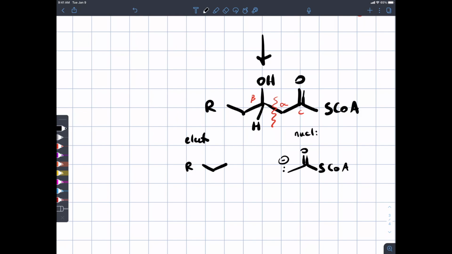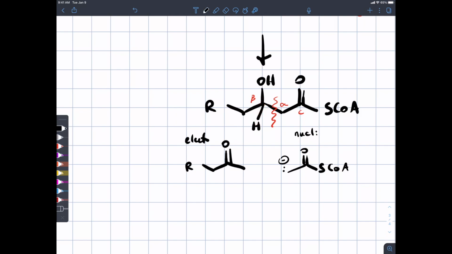Sorry, what? Missed it. Somebody was mumbling. Should be aldehyde. And how do you know it's an aldehyde? If you look at that beta carbon, you see it's got a carbon on it and a hydrogen on it. So it has to be an aldehyde.